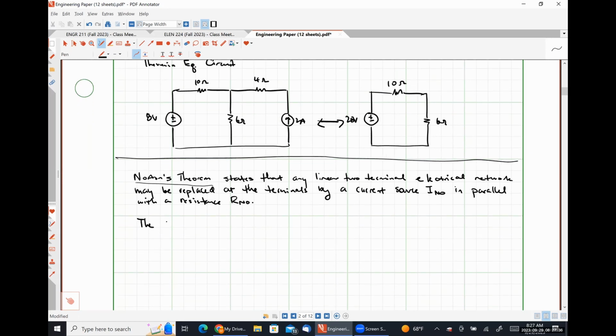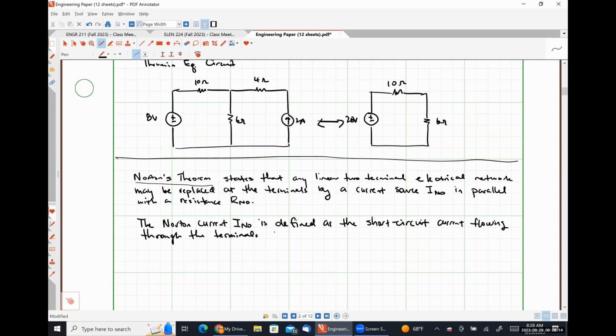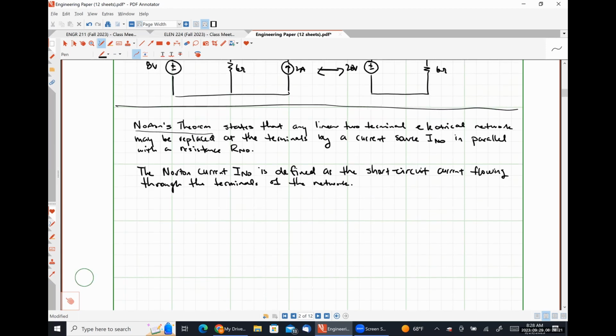So the Norton current, I Norton, is defined as the short circuit current flowing through the terminals of the live network.